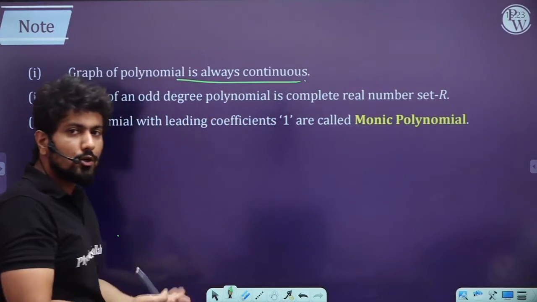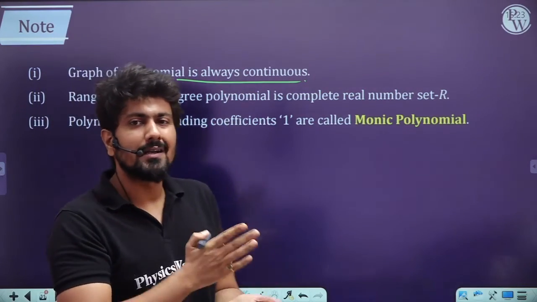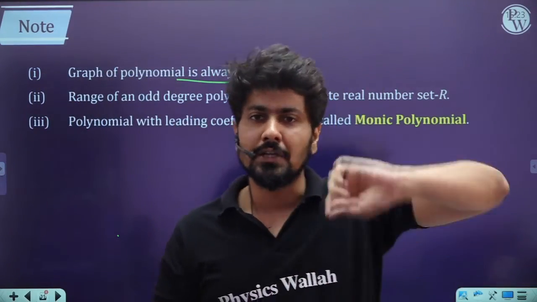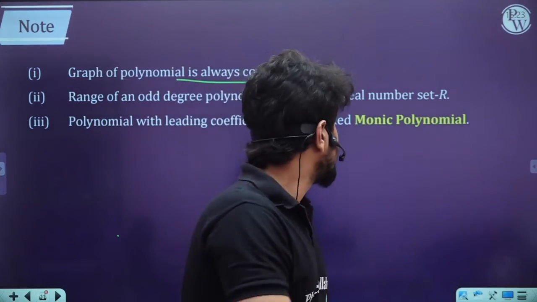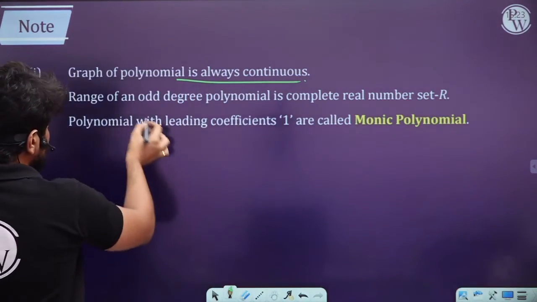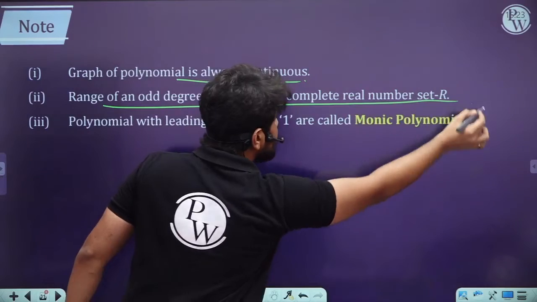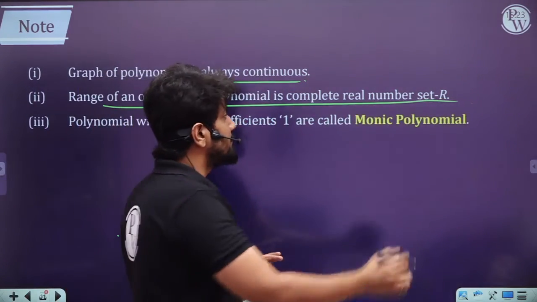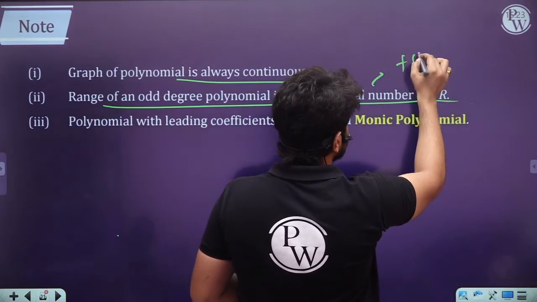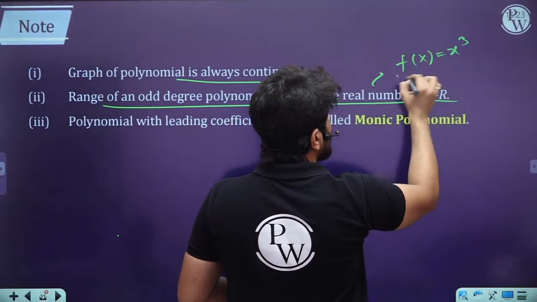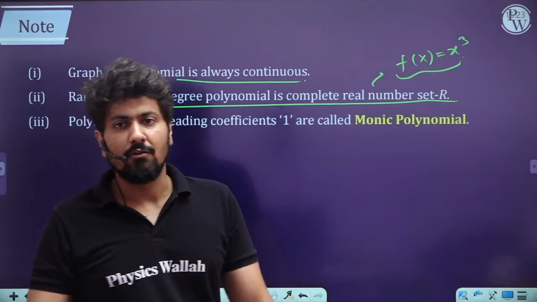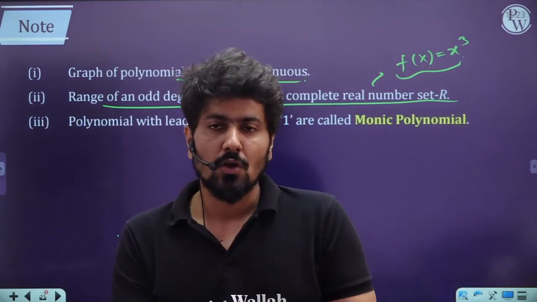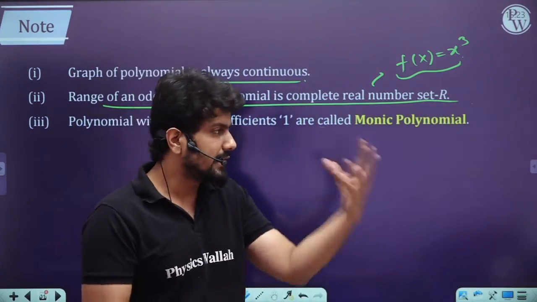You take any polynomial, whether you are taking linear or quadratic or cubic, you have seen the continuous graph. So the graph is always continuous. The range of an odd degree polynomial is the complete real number set R, as you can see in the graph of f(x) is equal to x cube. This is an odd degree polynomial, whether it is a cubic polynomial, or a degree 5 polynomial, or a degree 7 polynomial.